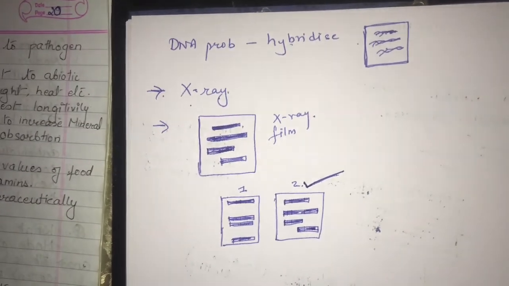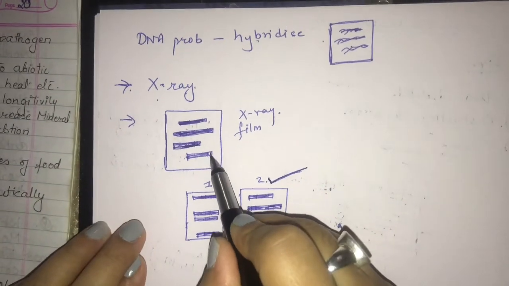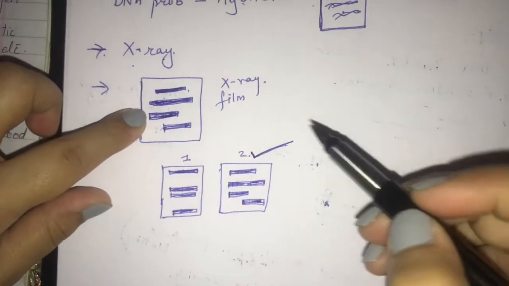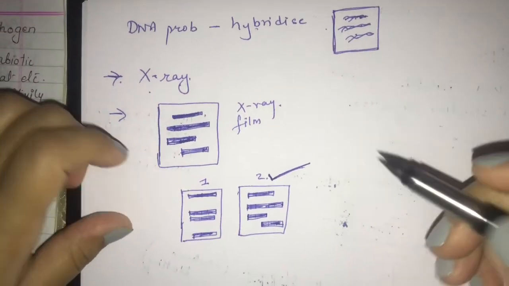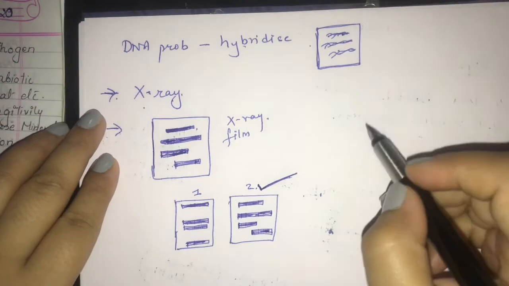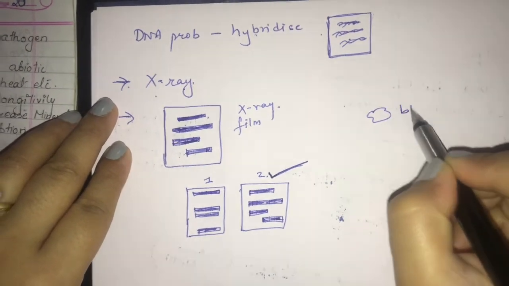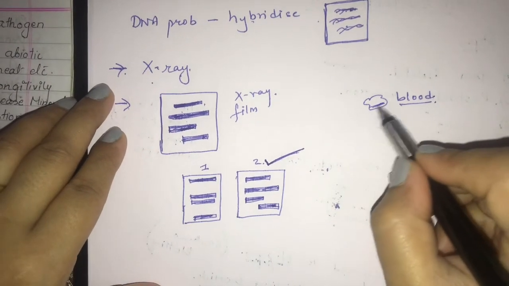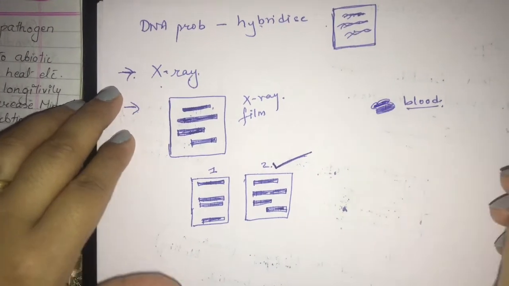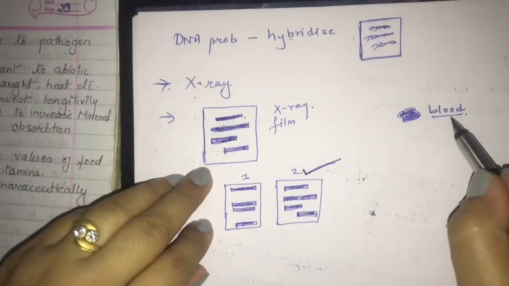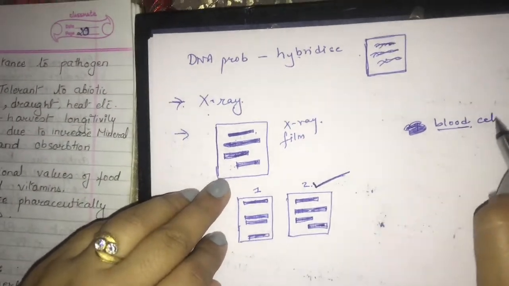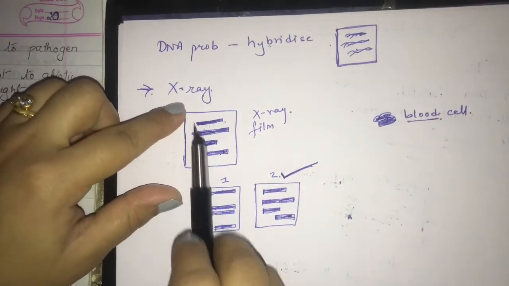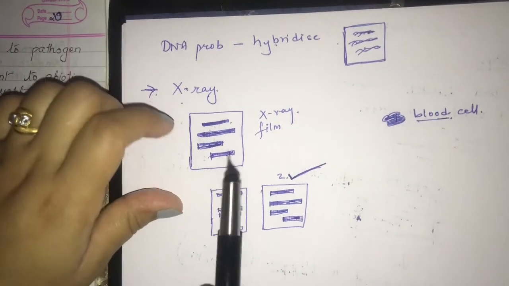I will give you an example. If there is any crime site, and from that crime site blood is taken, if anybody has left a blood drop there, and from that blood cell DNA fingerprinting is done, it shows a position of bands like this.